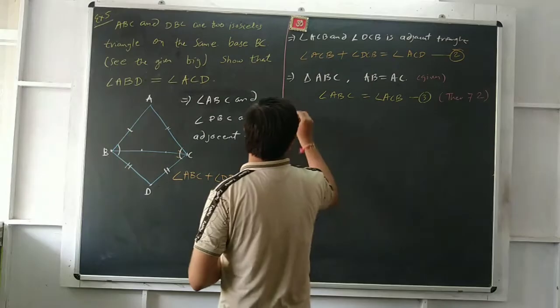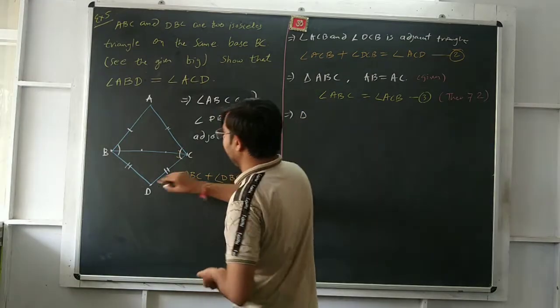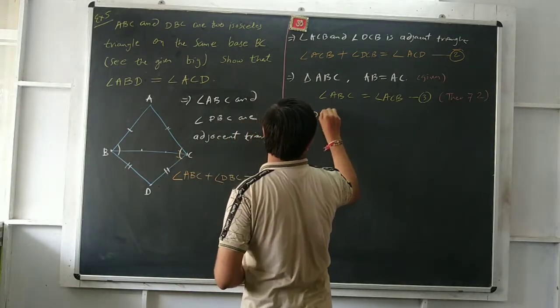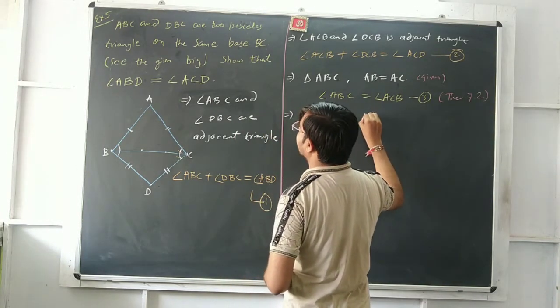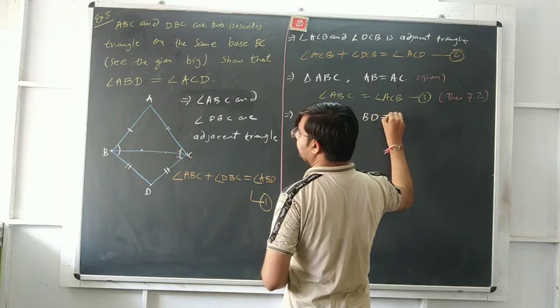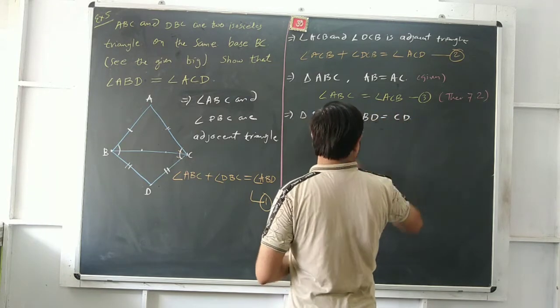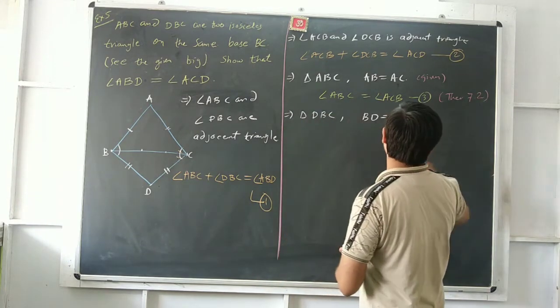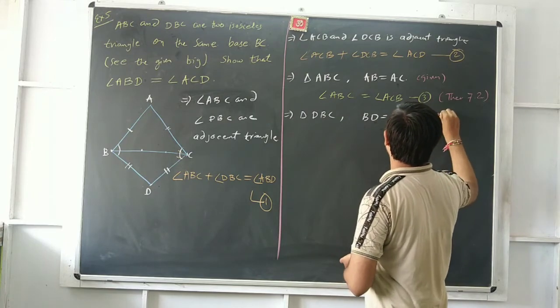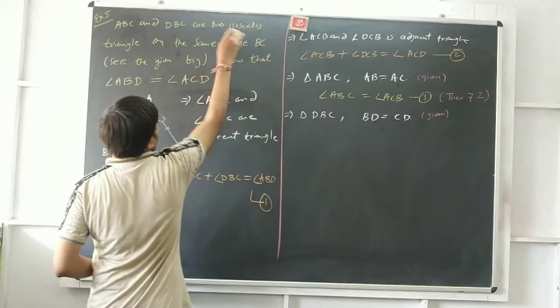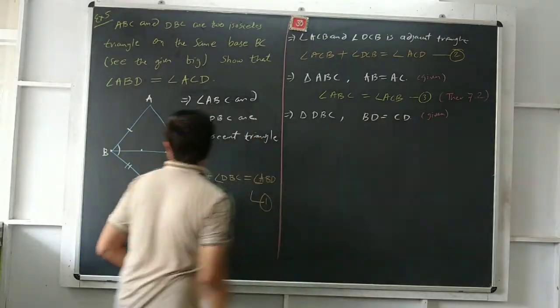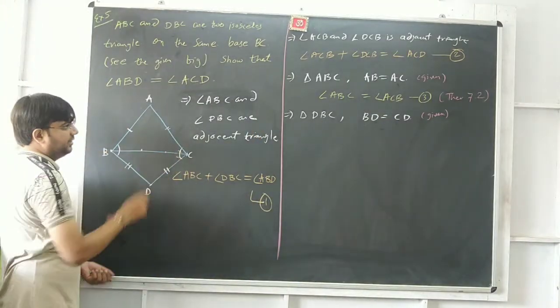Also, in triangle DBC, we can write BD is equal to CD. It is given. Why? BD is equal to CD because ABC and DBC are two isosceles triangles, so both sides are the same.